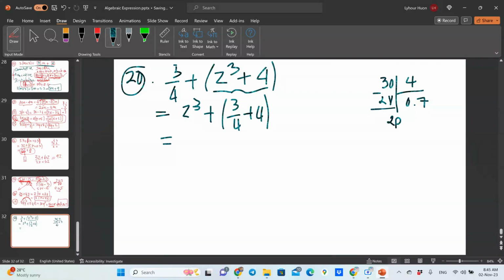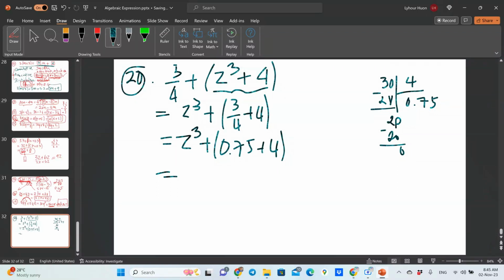How many times does 4 go into 20? 5, right? 5 times 4 is 20. So this terminates: 0.75. So z cubed plus 0.75 plus 4. This is easier.